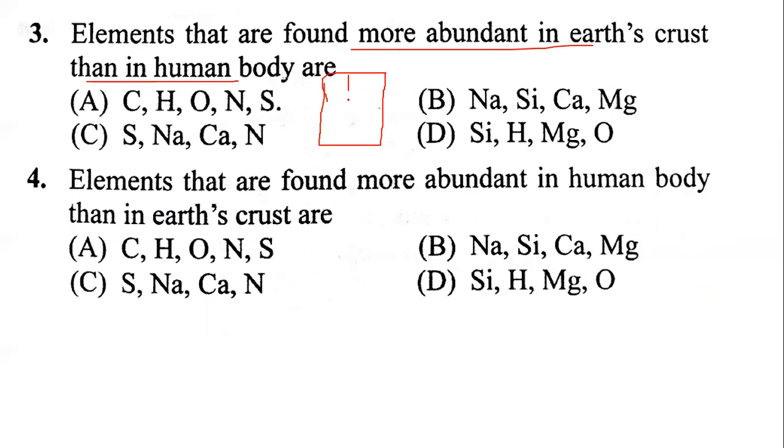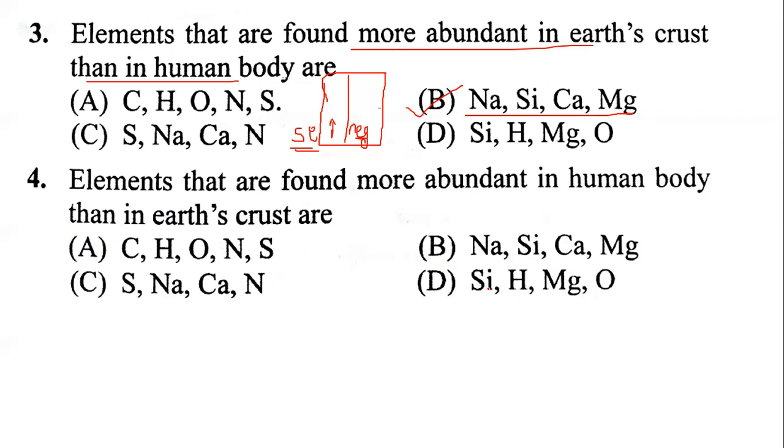We have learned that a particular element has negligible concentration in the human body and a high concentration in the surrounding. So which was that element? It was silicon. So the question is all about elements that are found more abundant in the Earth's crust than in the human body. Sodium, silicon, calcium, and magnesium is the correct choice for you to answer in this particular question.